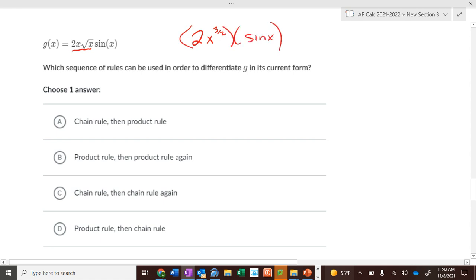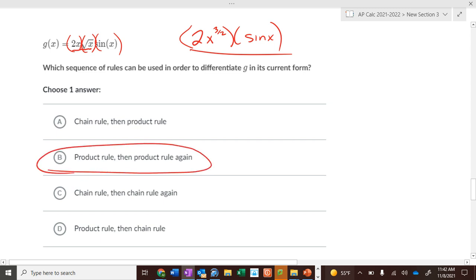And then it would just be the product rule, and only the product rule, if it's written like this. But because Sal wants us to do it in 3 separate things, it's a product rule and the product rule again when there's 3 separate things.